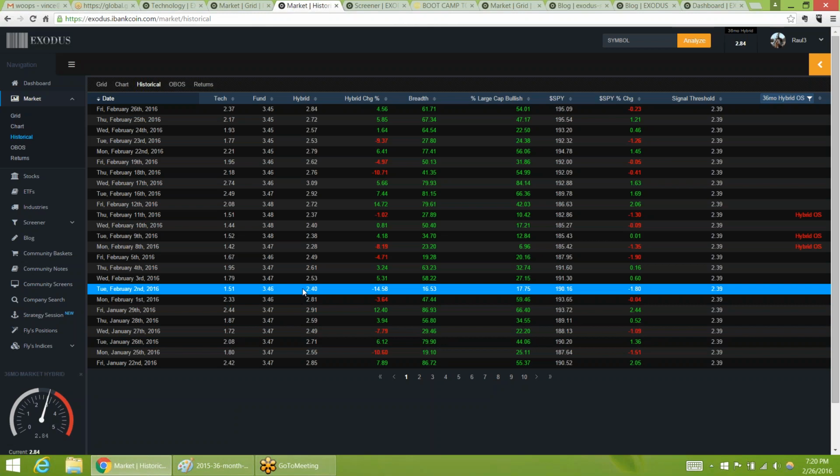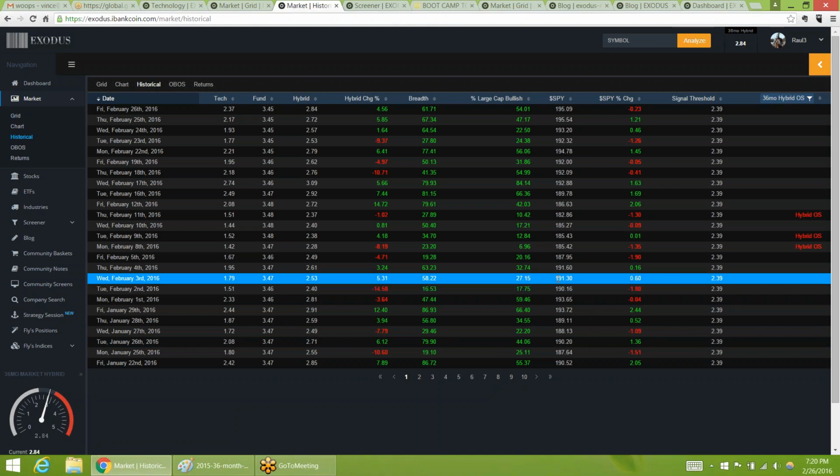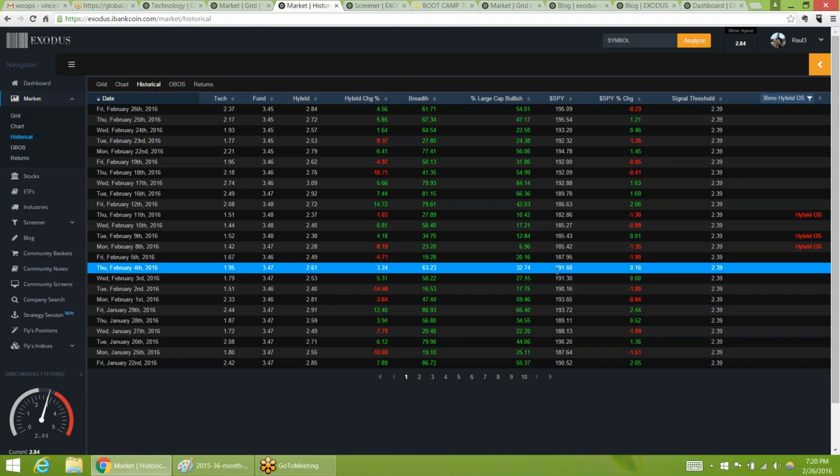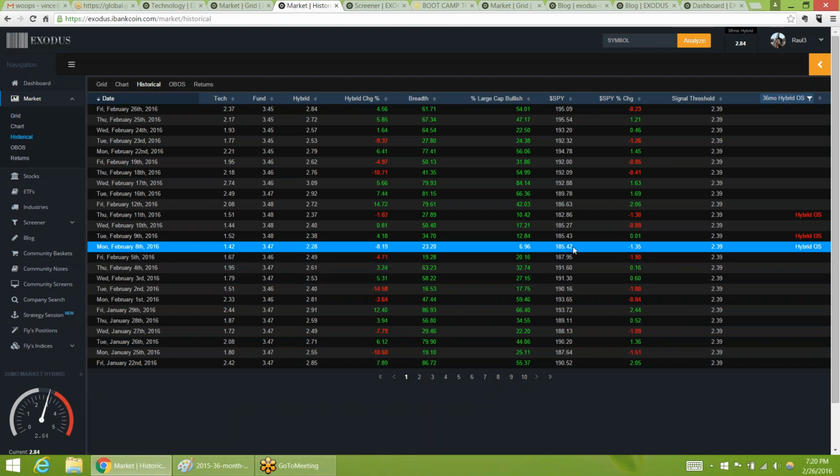So historically, had the algo not adjusted itself, you would have been getting in that next trading session at 191 on the SPY. Do you guys see that? Instead, it didn't flag until all the way down at 185, absolutely nailing the most recent inflection point.